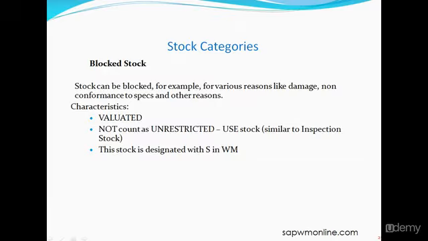So the characteristics are that it is valuated, it is counted in your inventory. This does not count as unrestricted use stock, meaning this is not picked for any deliveries. The stock is designated with the symbol S in WM.